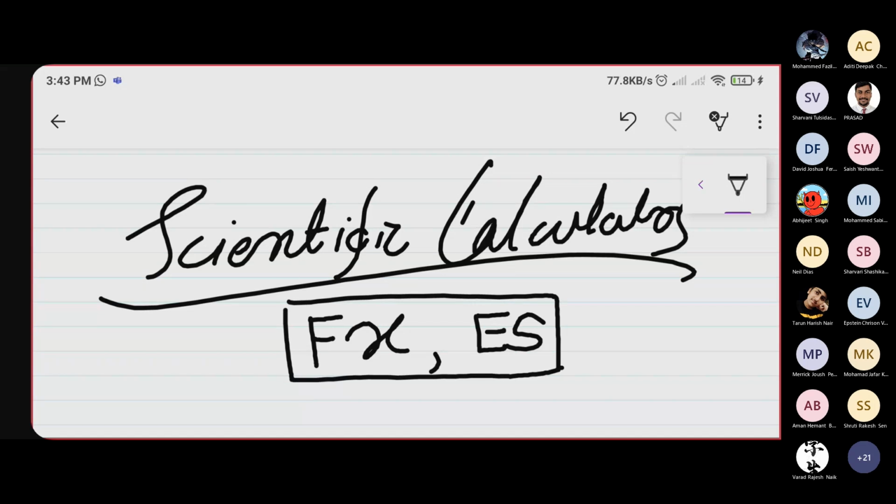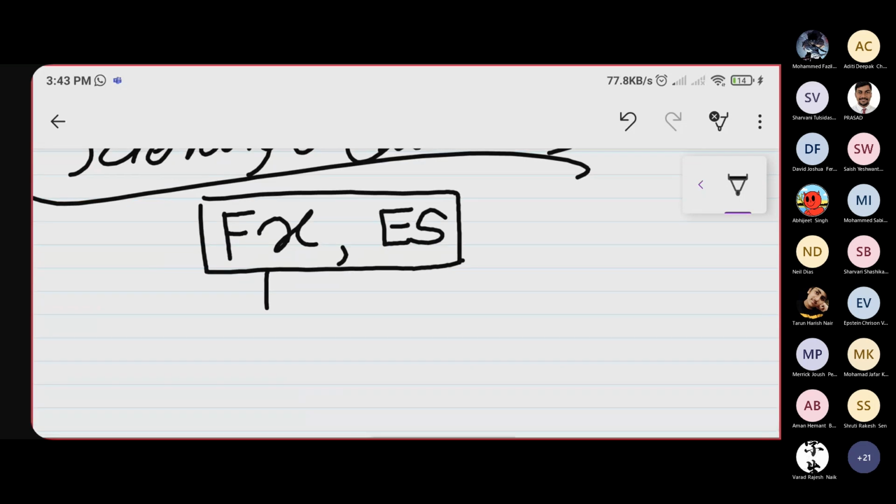Just go through which calculator does what. Any one calculator you can buy. It is around 1,000 rupees, a one-time investment, and once you purchase it, it will remain with you throughout your life.